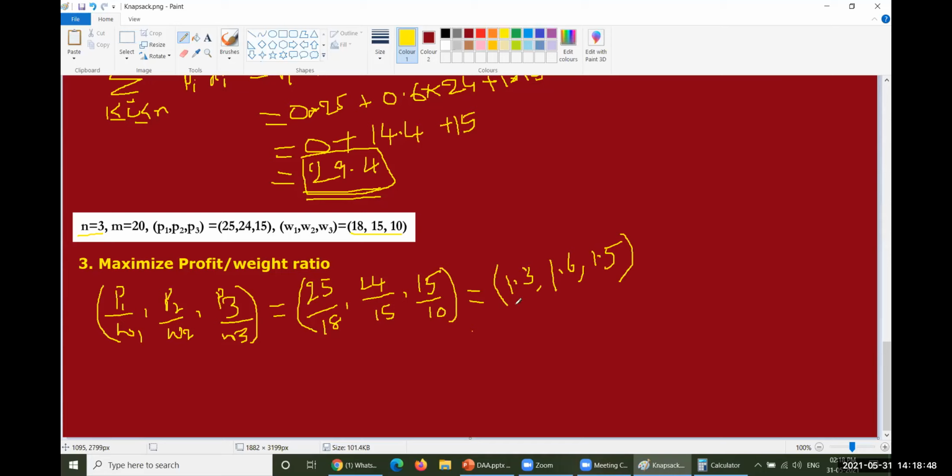As far as the problem is concerned, it is the maximized profit to weight ratio. This is the first element which is going to be processed, this is the second element, and this is the third element. Therefore, we have to adjust the profits and weights as per the order obtained with respect to the profit and weight ratio.